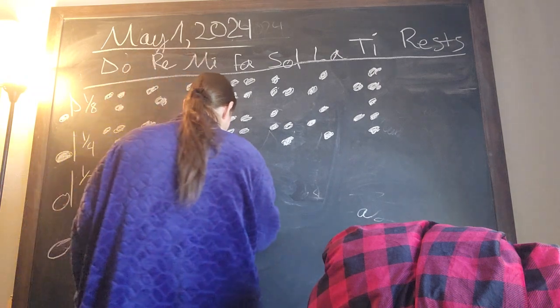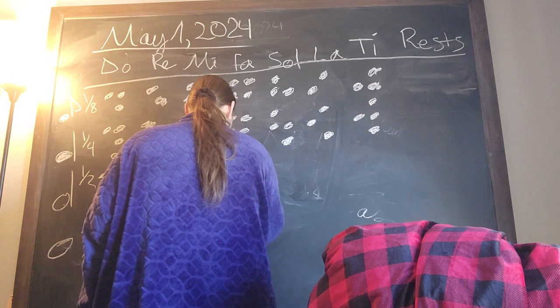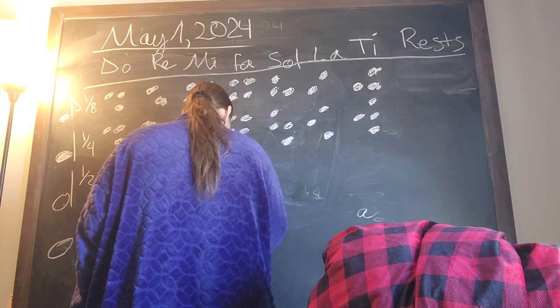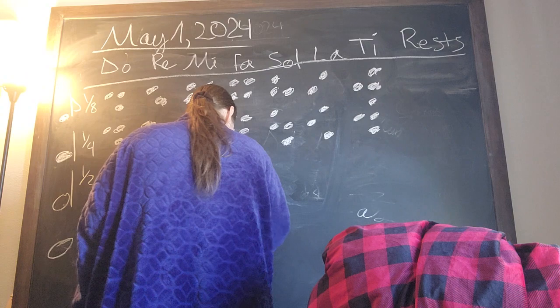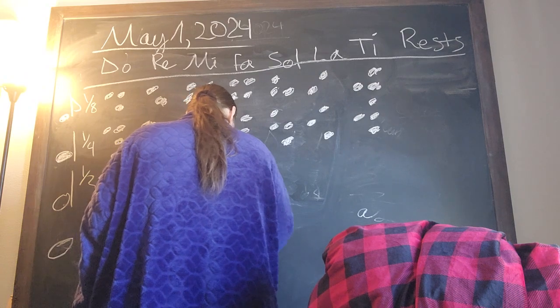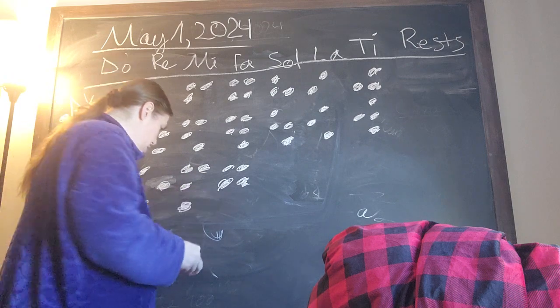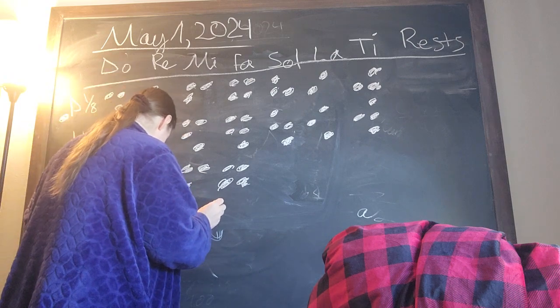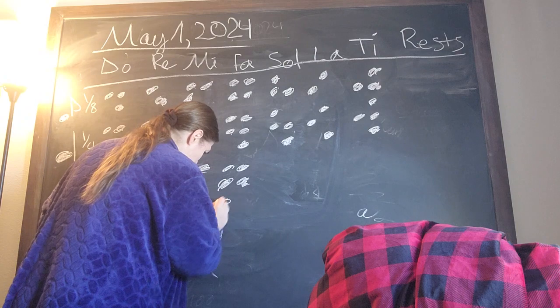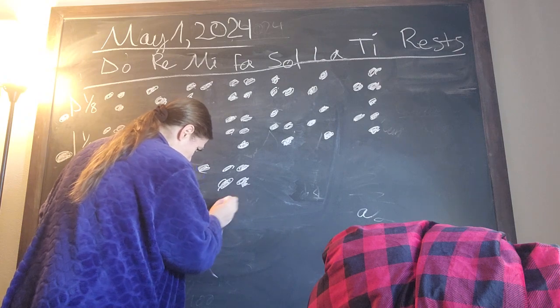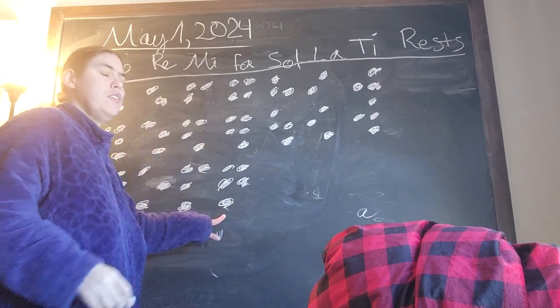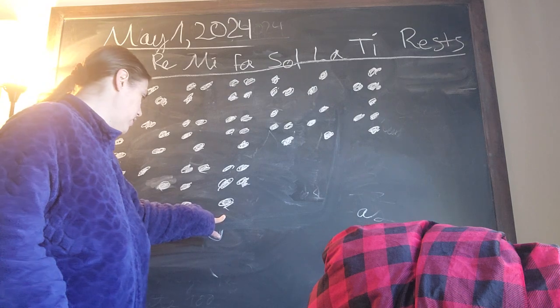Fa. Again, fa has the most dots, so it's going to be more unique to feel the pitches. So we've drawn out the pitch, then we add the rhythm, dot 3, and that will give us our half note fa.